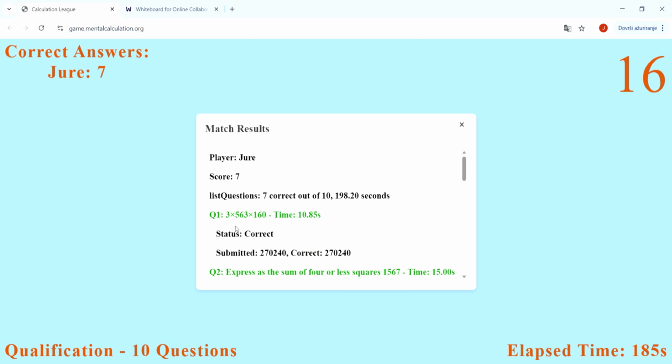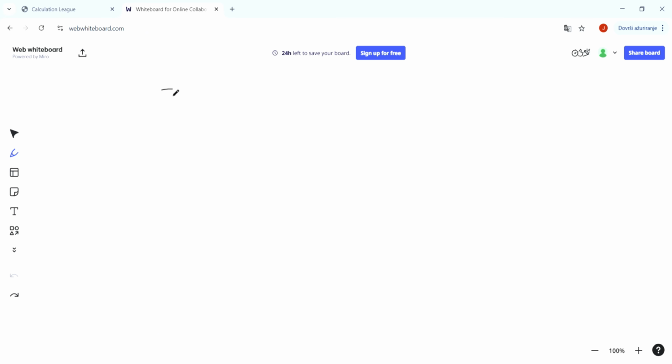So first one is 3 times 563 times 160. Okay, so first thing I did, I wrote 0 so we can forget it, okay. Then I calculated 3 times 16, I know that is 48, and then I did cross multiplication.